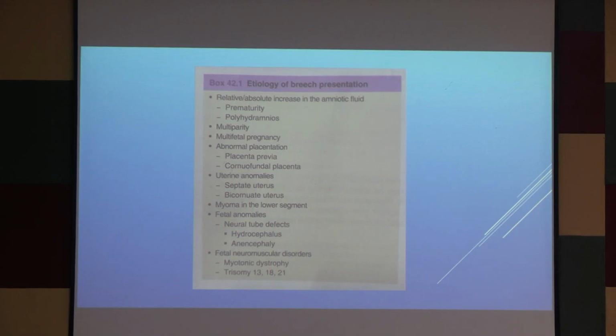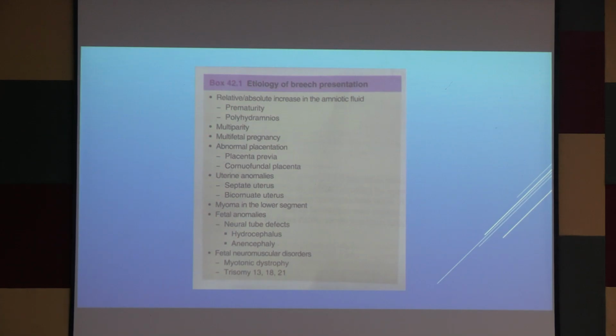If there are any uterine abnormalities like septate uterus, bicornuate uterus, or unicornuate uterus, that may cause breech presentation. If the myoma, that is fibroid, is in the lower uterine segment, there is less space to accommodate the head, so breech presentation may occur.